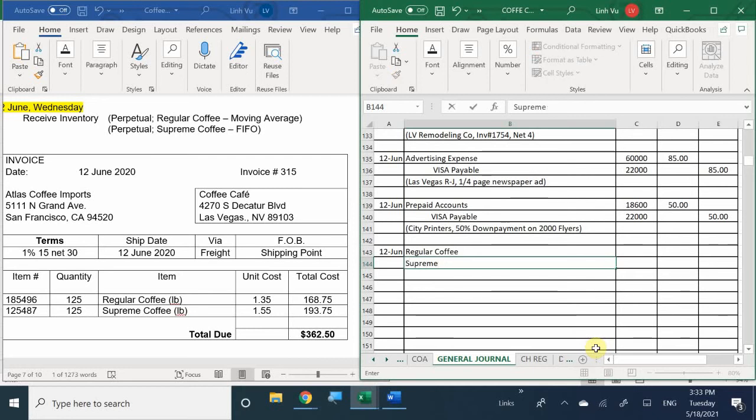Because we know that this is perpetual inventory, we're going to recognize it as inventory, not as an expense. And because we received a bill, what's our first assumption? Are we going to pay it now or are we going to pay later? Pay it later. So here we also need to include accounts payable, because we're not going to pay it now. We are going to pay it later.